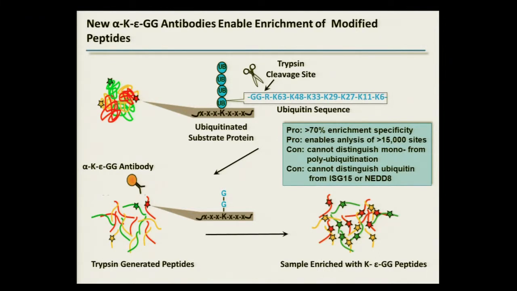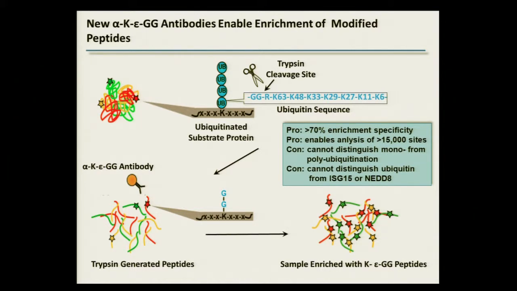About 2 years ago, new antibodies have been released for the analysis of ubiquitinated peptides. The way that works is that ubiquitinated peptides, here you see the ubiquitin side chain on a lysine residue, get cleaved by trypsin, the proteins that are ubiquitinated. And as you can see here, the C-terminal end of ubiquitin is linked to the lysine residue, and ubiquitin ends in a RGG sequence.